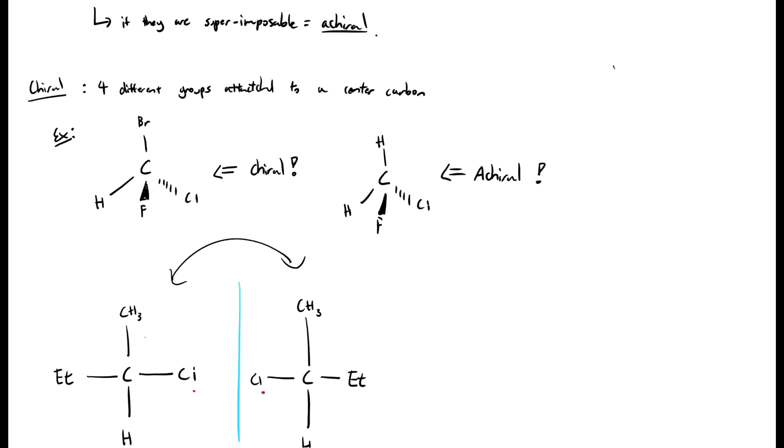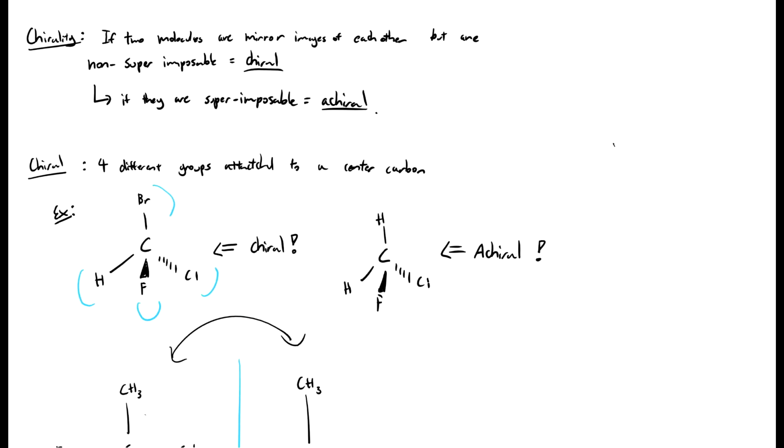In this case, we have a single carbon attached to a fluorine, a chlorine, a hydrogen, and a bromine. This compound is chiral because it's attached to 4 different groups. The compound on the right is achiral because it's only attached to 3 different groups, a hydrogen, a chlorine, and a fluorine.